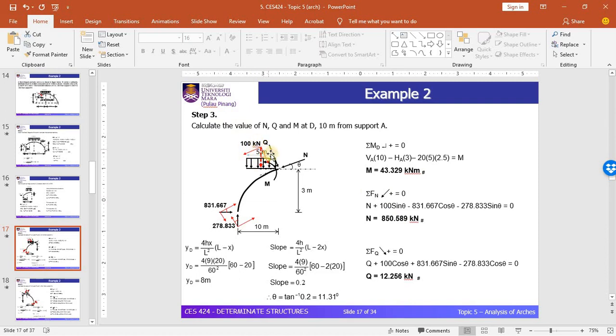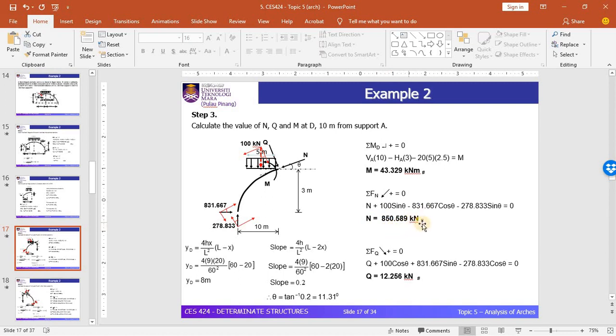It's also positive because it is parallel with N. Then we have a negative 831.667 cos theta, which comes from the component of the horizontal direction, and minus 278.833 sine theta, which comes from the component of the vertical direction.